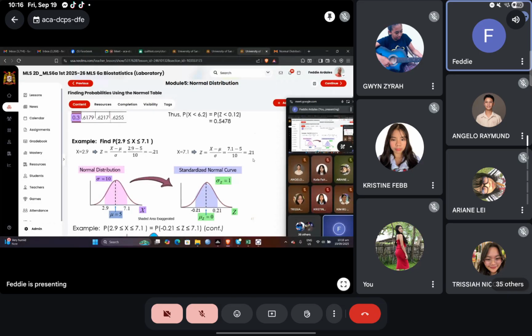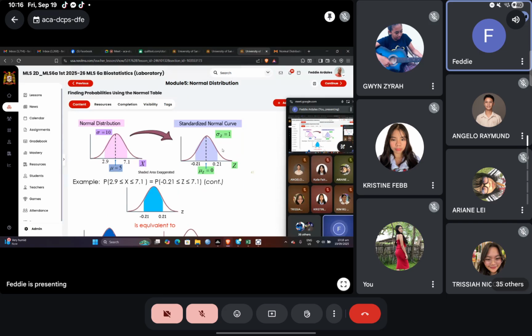In other words, the region that you are looking to determine is between negative 0.21 and positive 0.21. That is how it is computed using the standard normal distribution, compared to the standard normal curve.